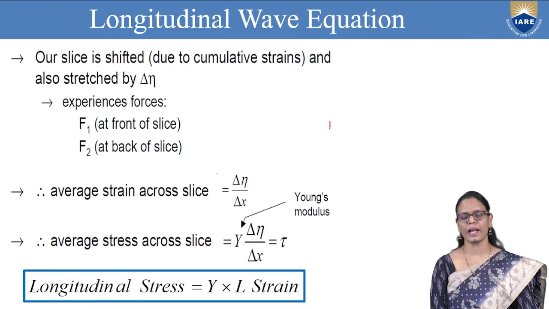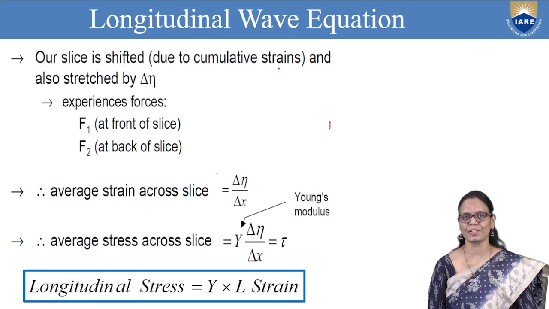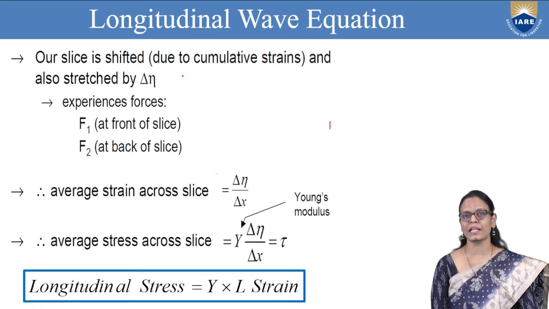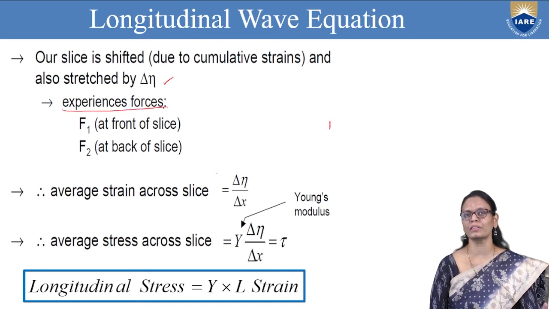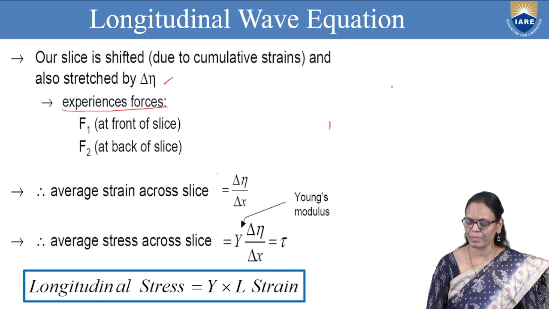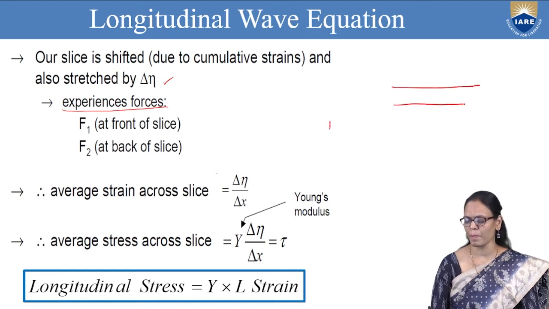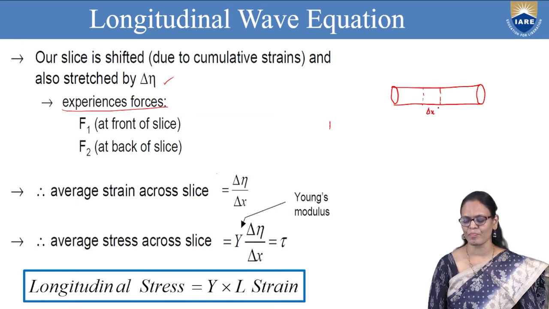So now our slice is shifted due to the cumulative strains and also stretched by delta n. Because of that, there are forces acting on the slice. Let me show you how the forces are acting. We have considered a uniform rod, and here we have taken a small element delta x, and because of the wave passing through it, there is a small displacement delta n.